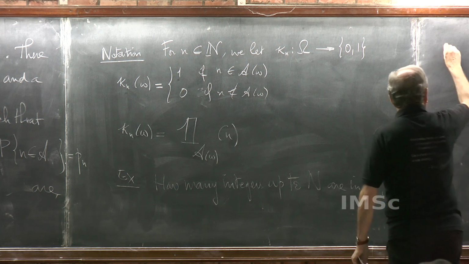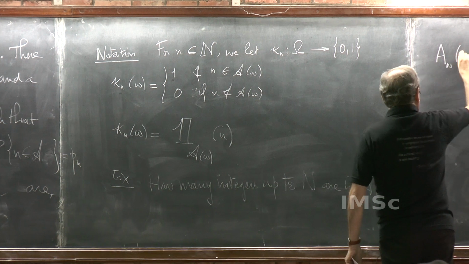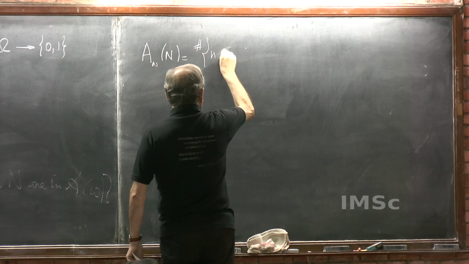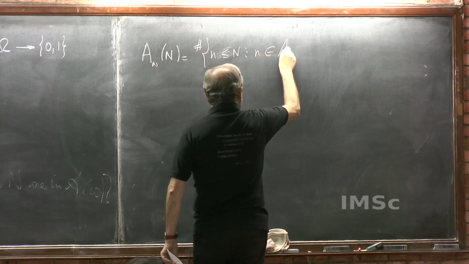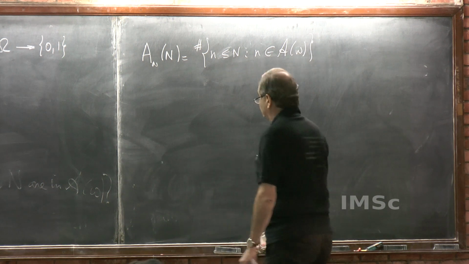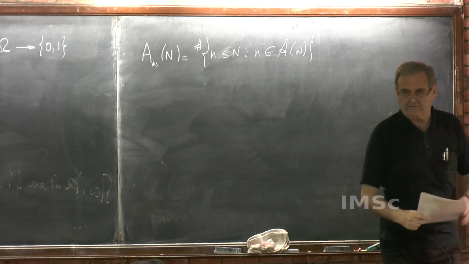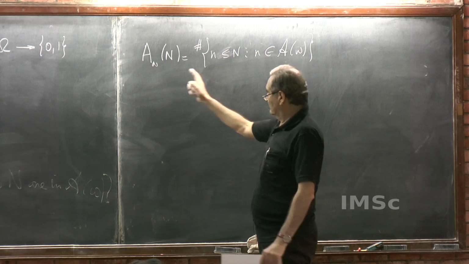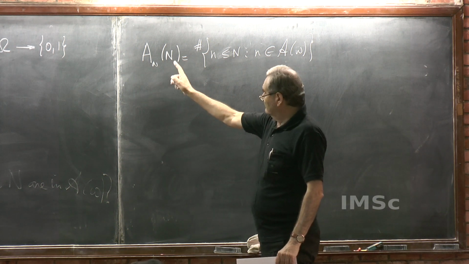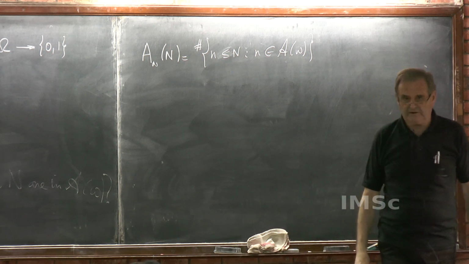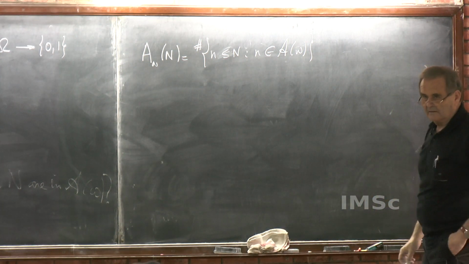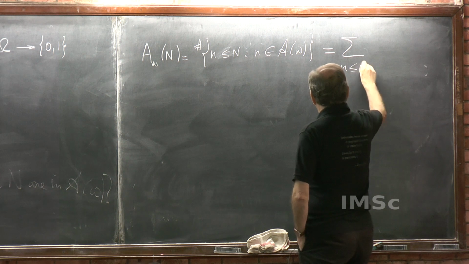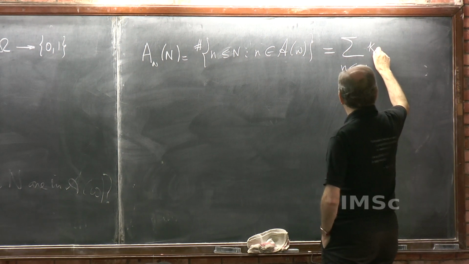So this counting function, curly A of omega at N, is the cardinality of the n up to capital N such that n belongs to A of omega. There is a curly A and a capital A for the counting function and for the set. This is a set. So omega is given, and for N, I want to count this number. How can I express it? You see that this is the sum, when n is up to capital N, of kn of omega.